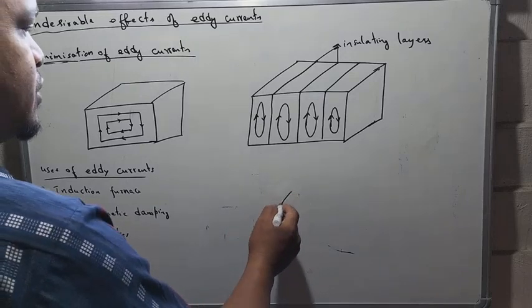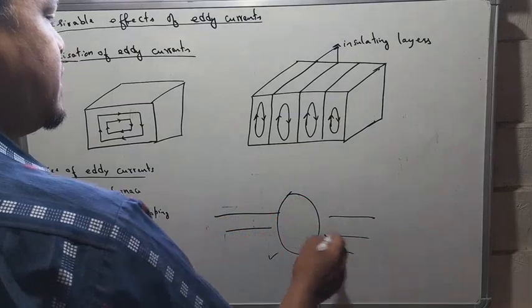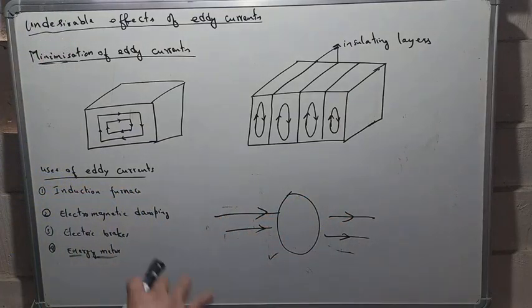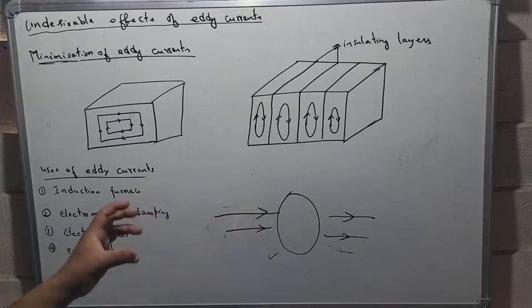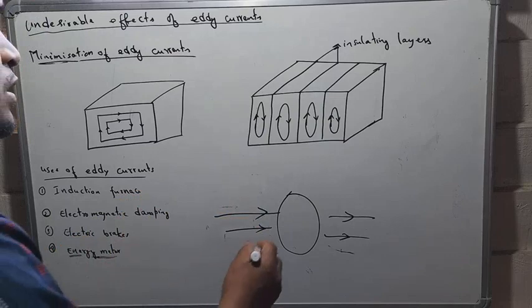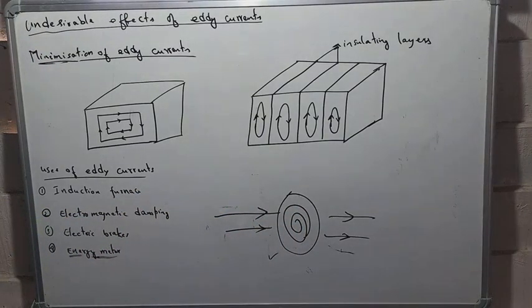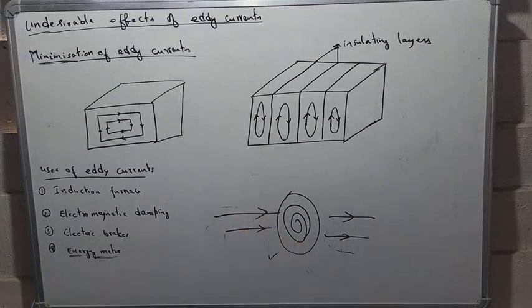If this is the wheel of the train and there is an electromagnet, then as the wheel rotates, the magnetic flux linking with this wheel will change. That changing magnetic flux will induce a large eddy current in the wheel, and this eddy current will in turn stop the motion of the wheel. This is how we use eddy currents to stop electric trains.